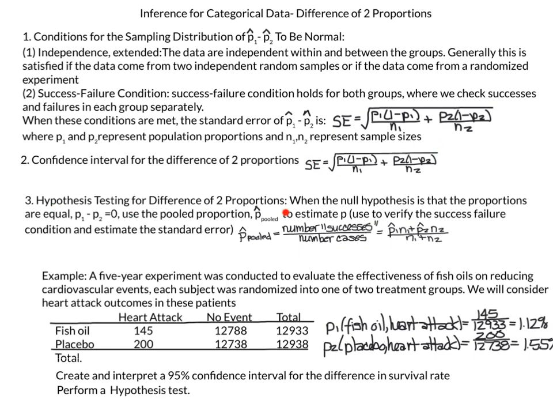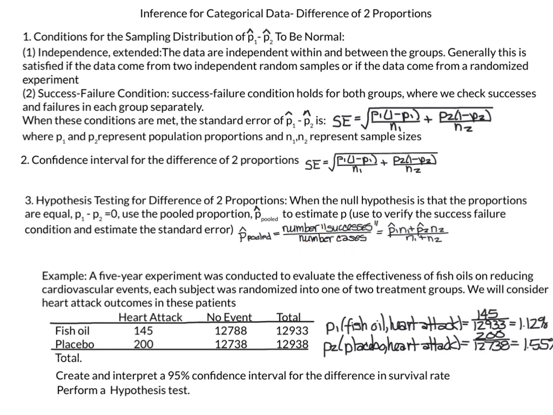For hypothesis testing, we use the null hypothesis that the proportions are equal, that they are not different. And then we have the pooled proportion for the standard error. So P pooled is equal to the number of successes divided by the number of cases.